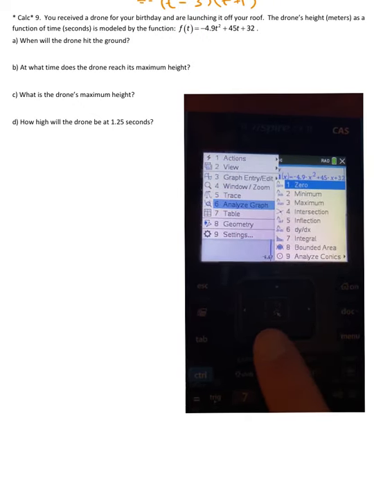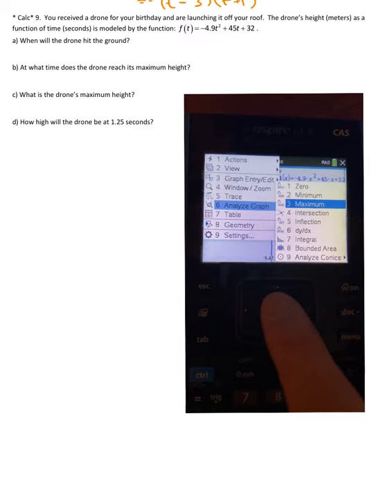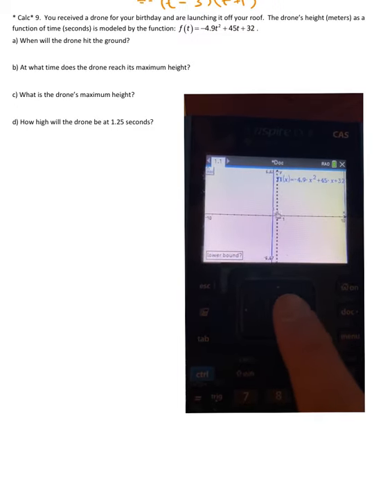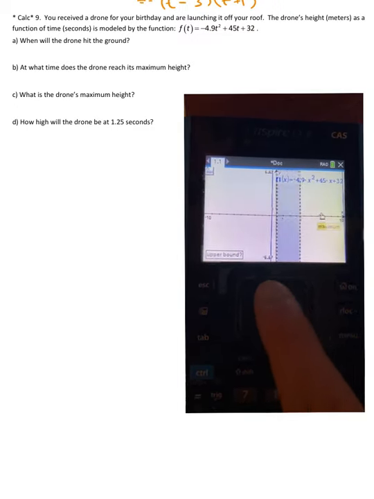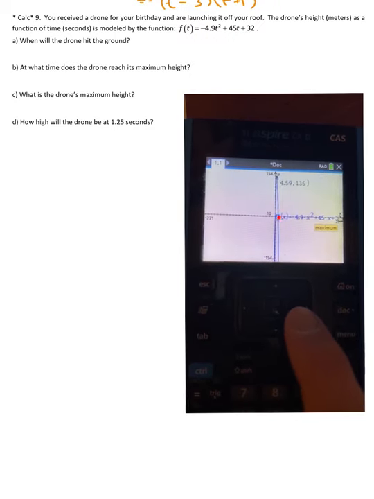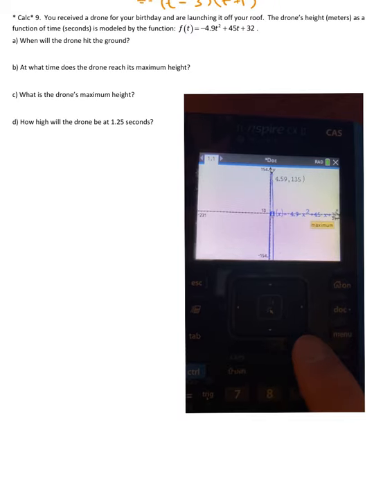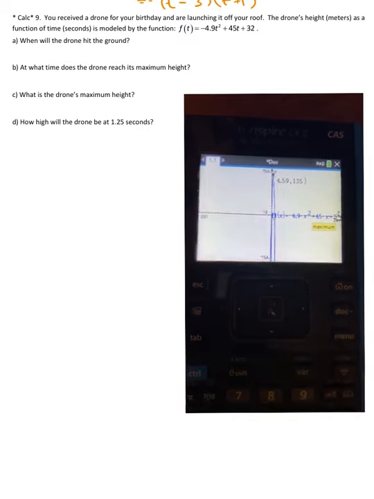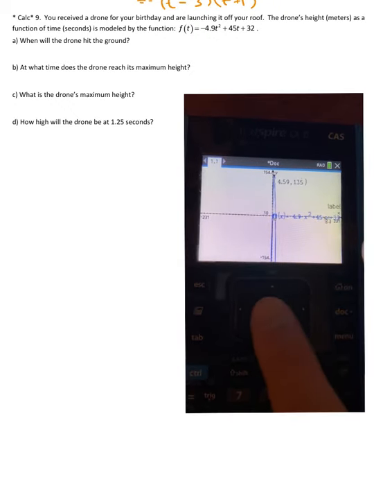If we want to find the maximum, we can do analyze graph maximum and then slide it to the right. Make sure you get the maximum there. That's going to be my maximum height at what time, so the time would be 4.59 seconds.